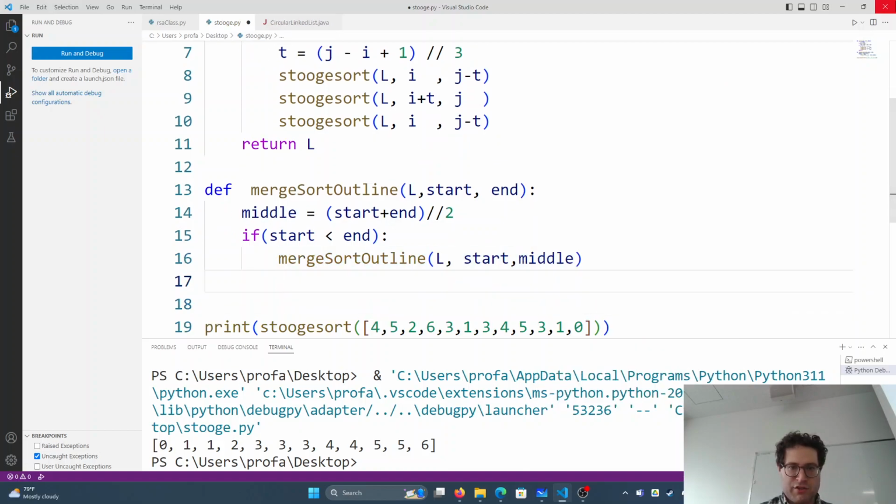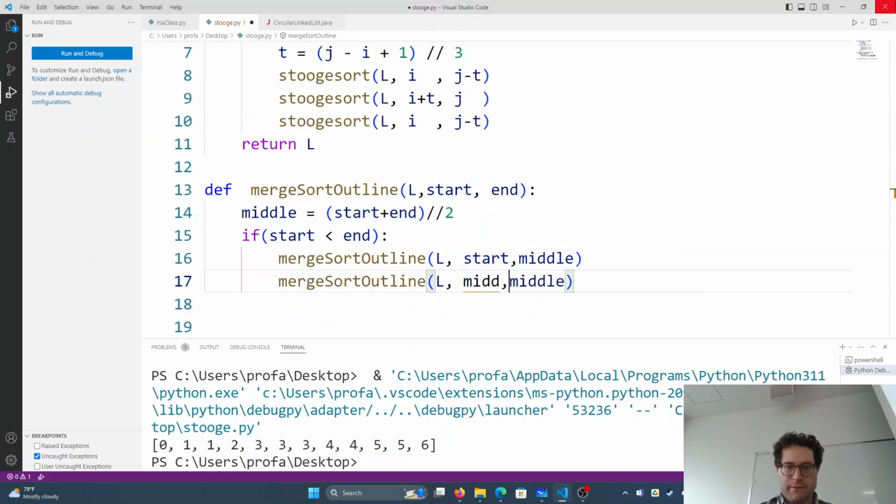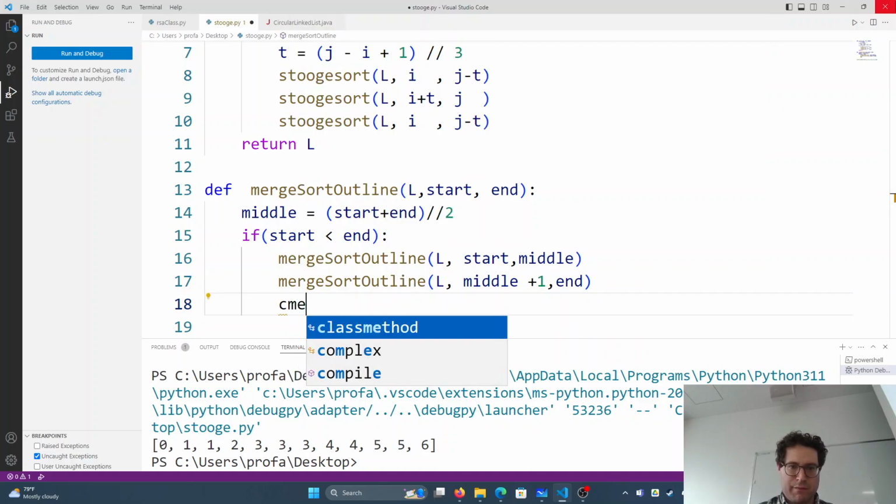Then we're going to merge sort from the middle plus 1 to the end. And then we're going to combine them, we're going to merge them.